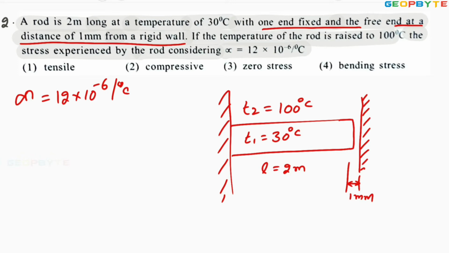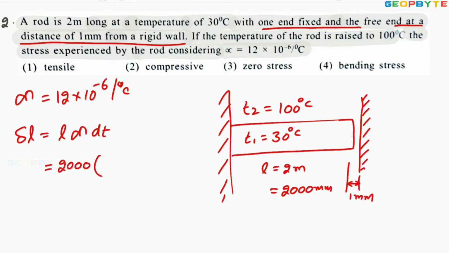For that, first let us find the change in length. Change in length due to temperature change is L into alpha into dt. This is the formula. L is how much? 2 meters, that is equal to 2000 mm. So 2000. What is the alpha? Alpha is given as 12 into 10 power minus 6 multiplied by dt, 100 minus 30.